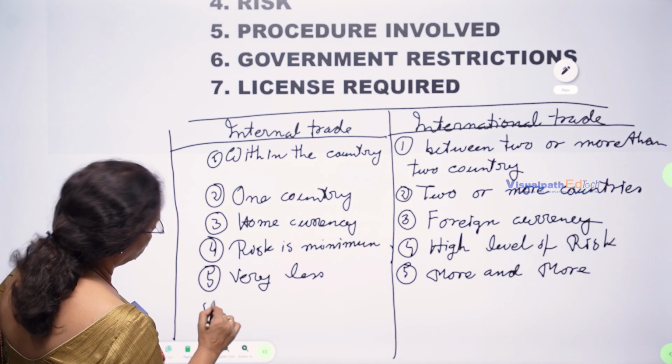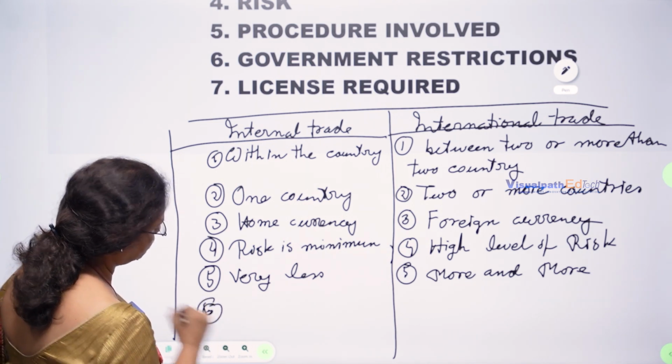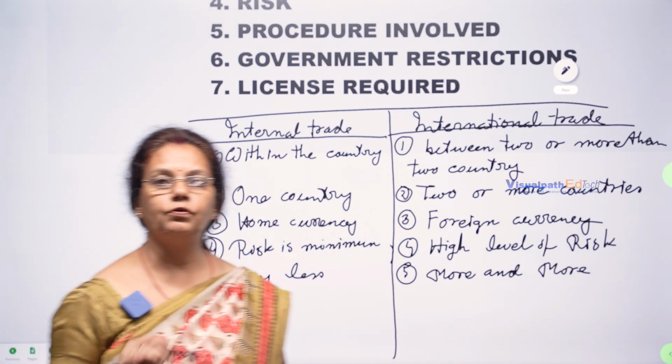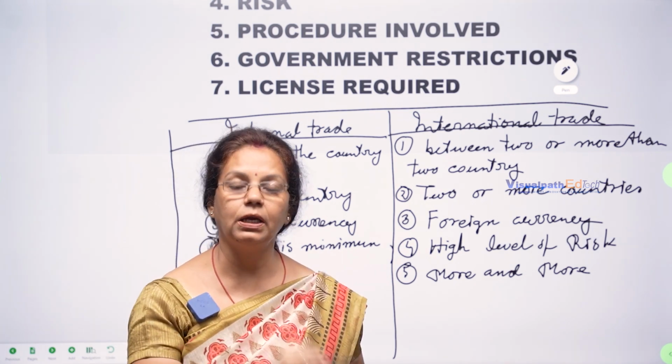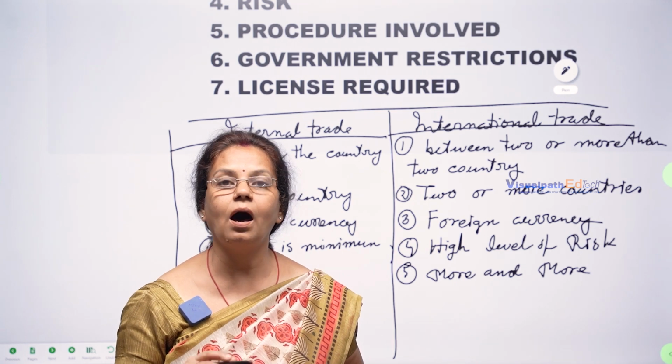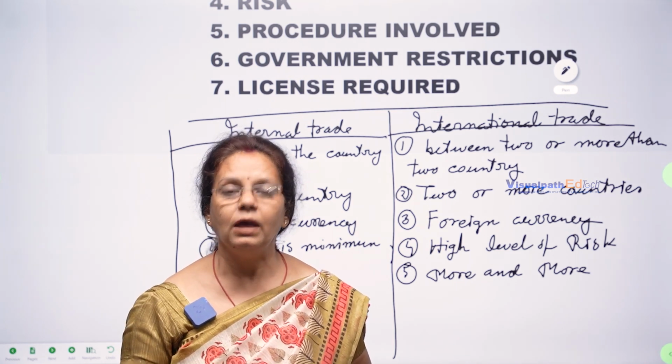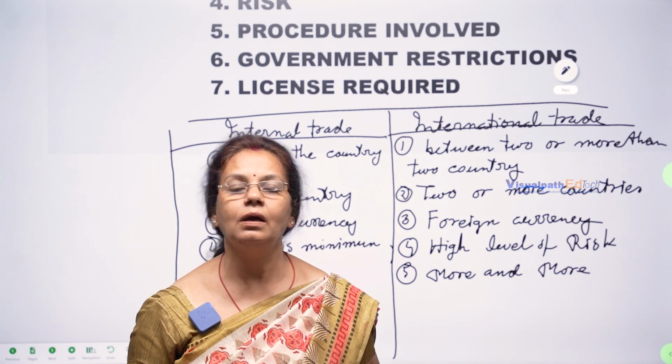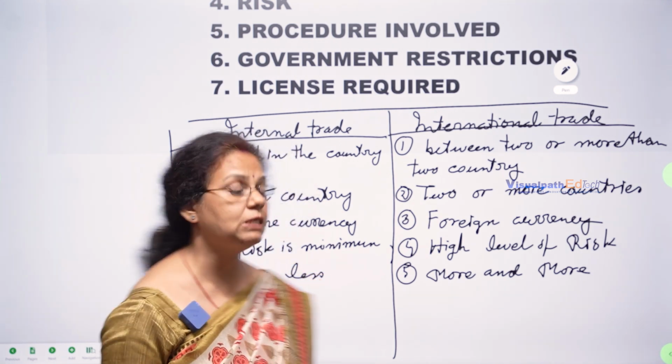Sixth point, government restrictions. In case of national or internal trade, government restrictions are not there, you can say. In a few cases restrictions are there, but they are very limited.